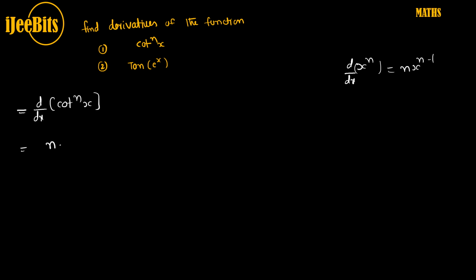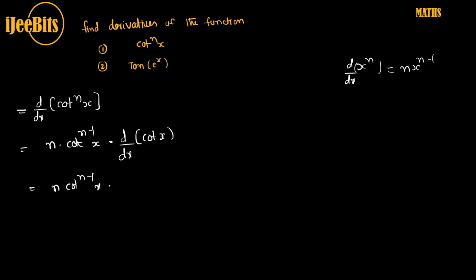So n into cot^(n-1) x. Now since this cot x is a function, you have to differentiate cot x now. So n cot^(n-1) x times d/dx of cot x.